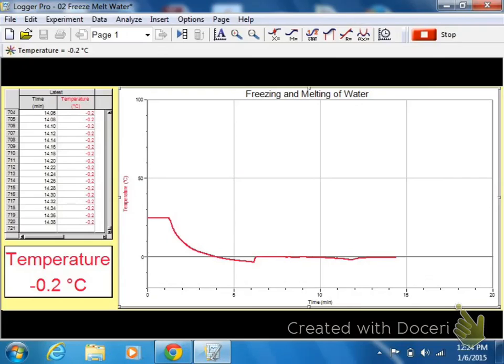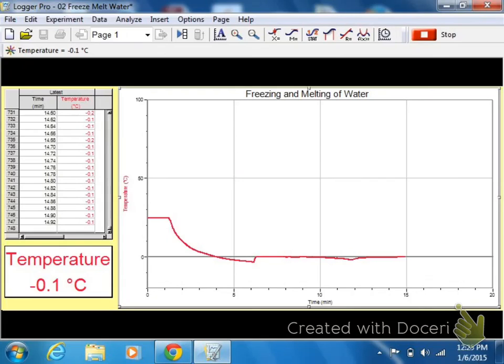So, let's look at what's happened to heat. When we get right here, heat is always taken out of the water. Heat is always taken out from here to here, because what you're doing is putting in something colder, and there's always a transfer of heat from something warmer to something colder.